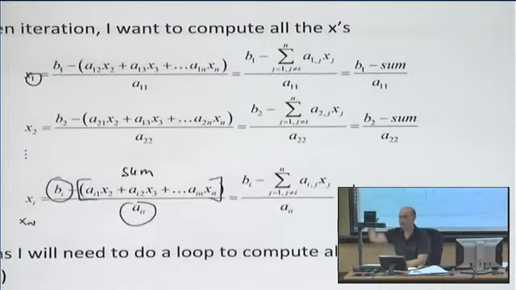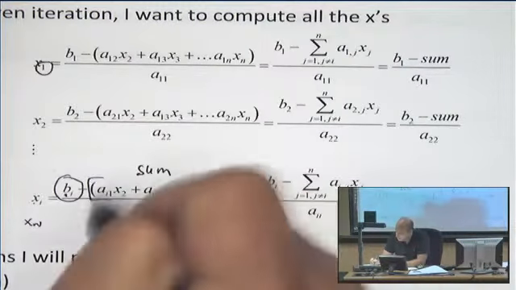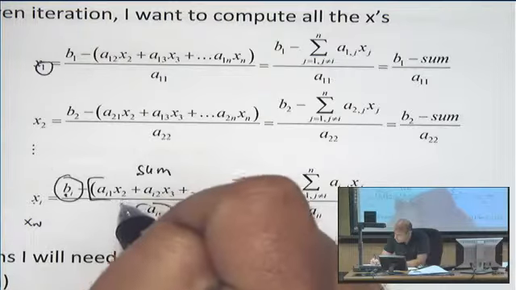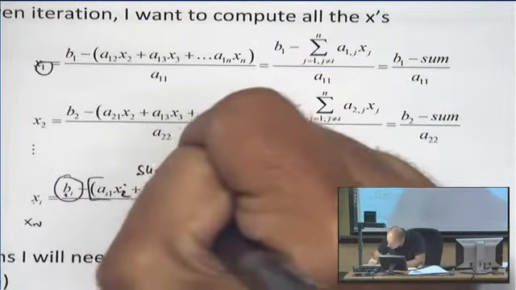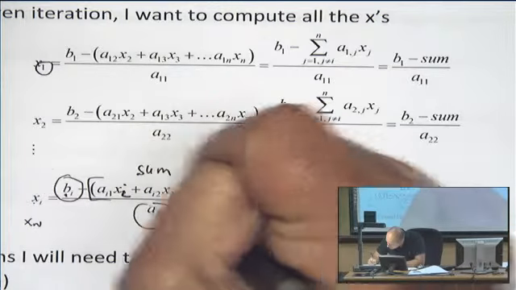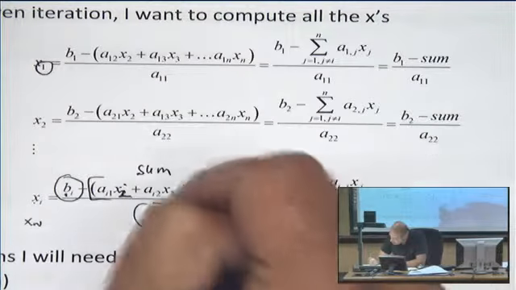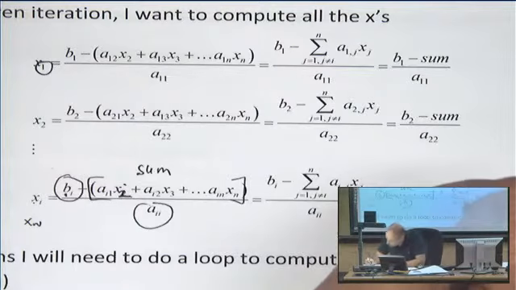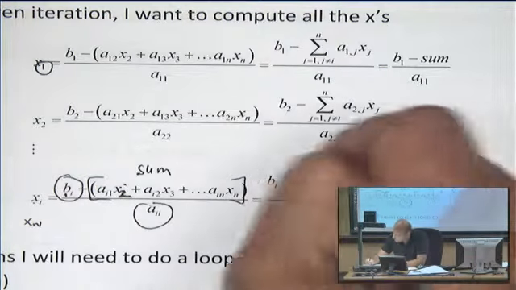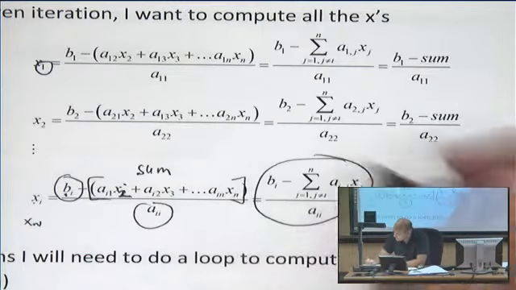So what we had was x of i is equal to b i minus this term in parentheses, which was a i1 x1 plus a i2 x2, plus and so on. Basically, it's b i minus the summation from j equal to 1, I'm going to write it out so it's more clear to you.